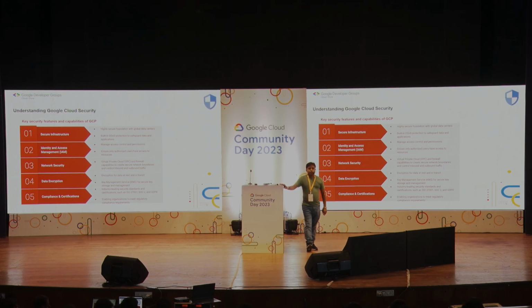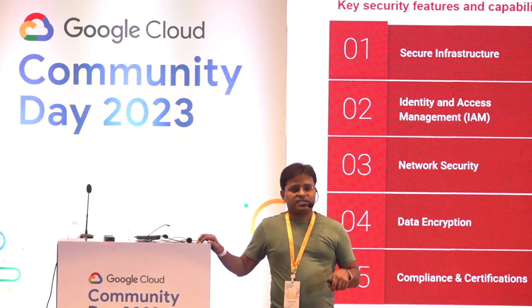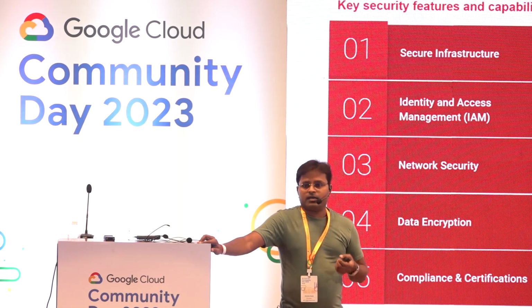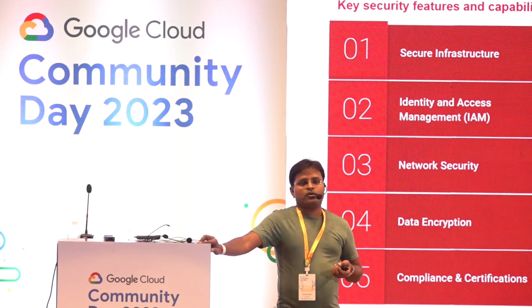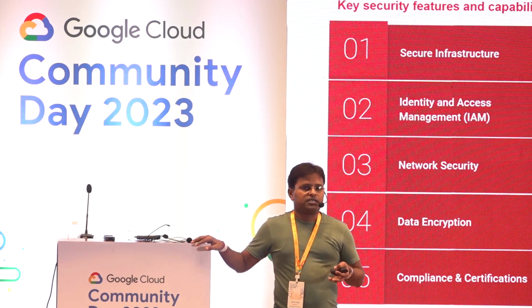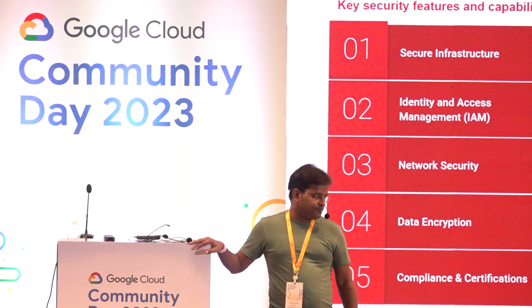Data encryption, which was covered in the databases session, where we ensure that data is encrypted at rest and in transit. And it is very important to be compliant all the time and follow all the industry compliance aspects. That is again offered by Google Cloud.